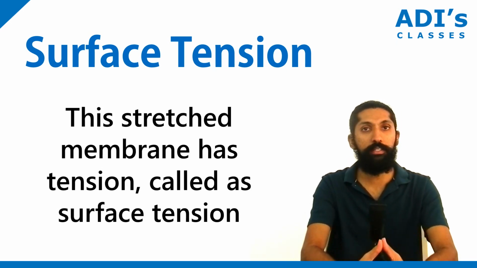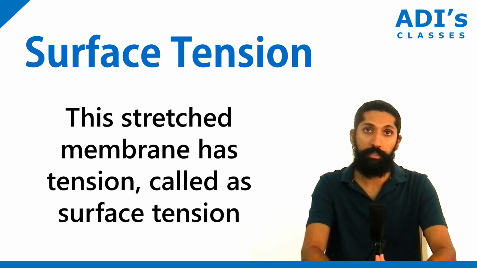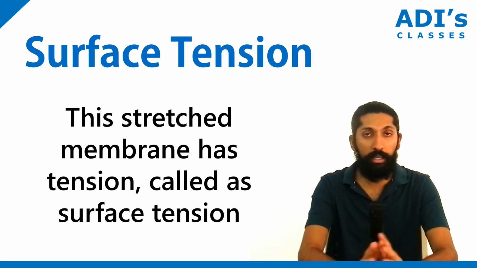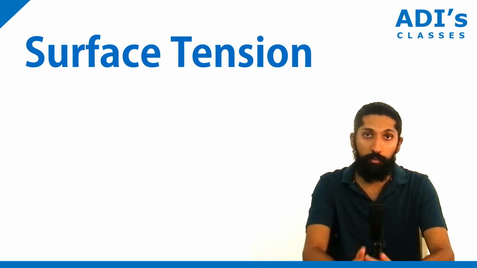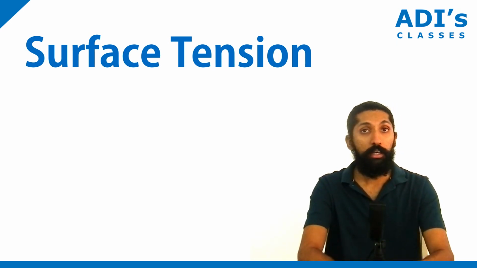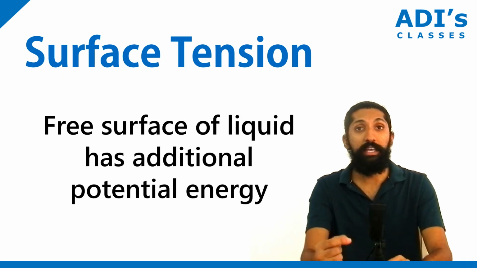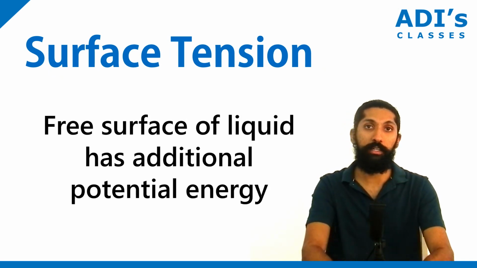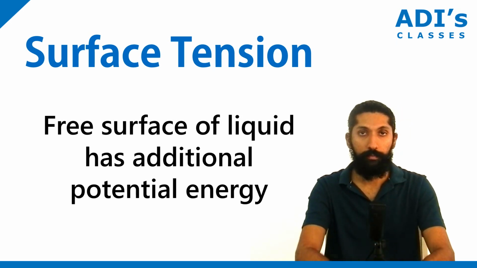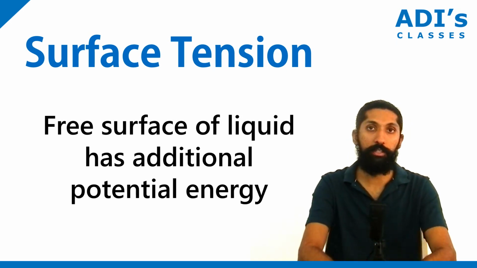To understand surface tension, let's talk about energy. The free surface on top of a liquid, like water, oil, whatever you get, we call it the free surface. The free surface has extra potential energy. This is why we get surface tension. This is the reason for surface tension.